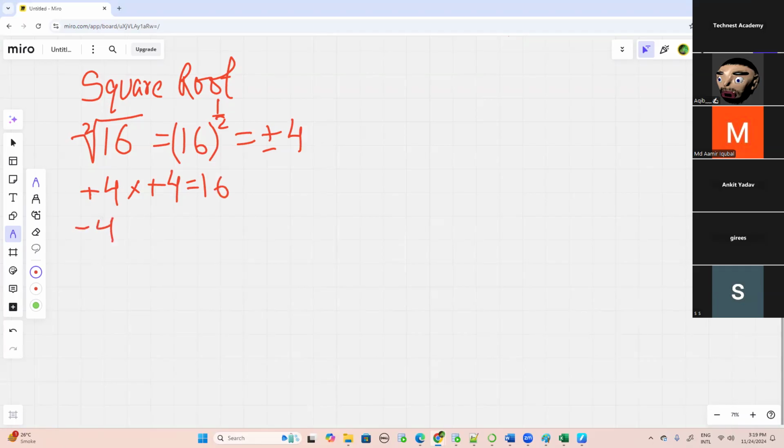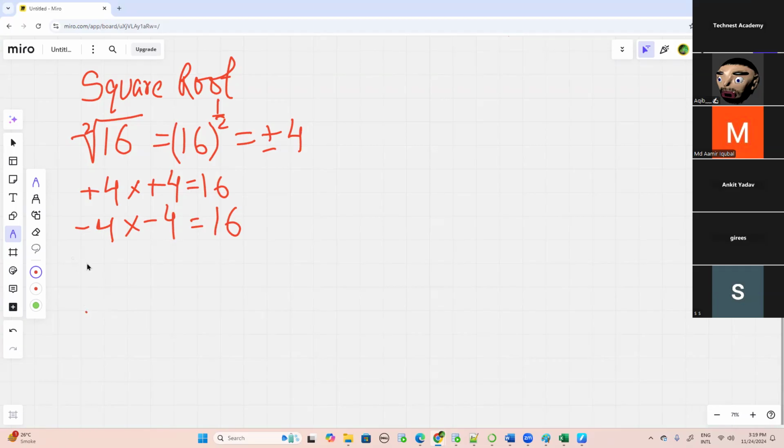Minus 4 into minus 4: minus into minus is plus, so 4 into 4 is 16. So the square root of any number is always plus and minus. Both the values you have to tell. Is this point clear? Yes. Okay, good. So this is the square root of 16.